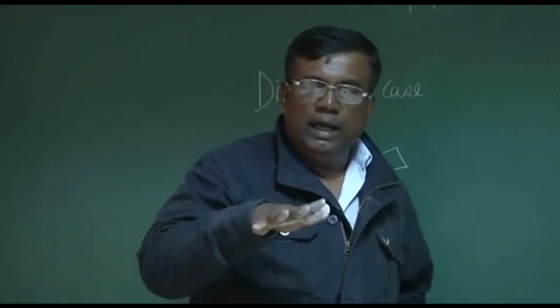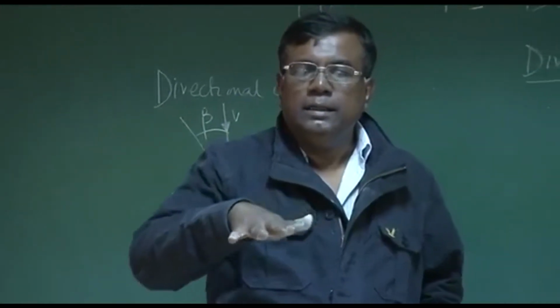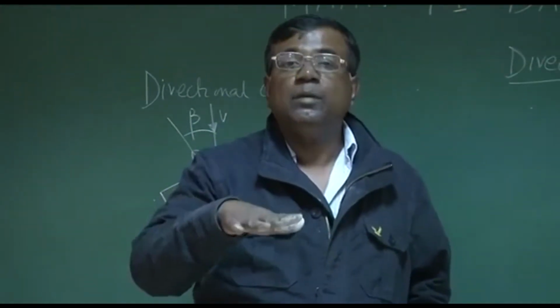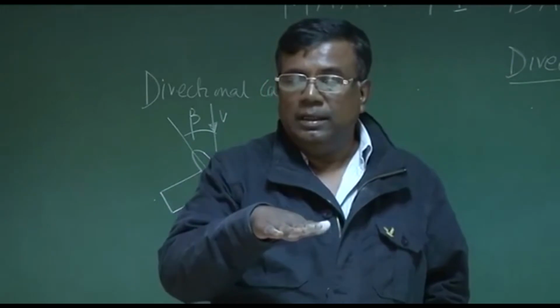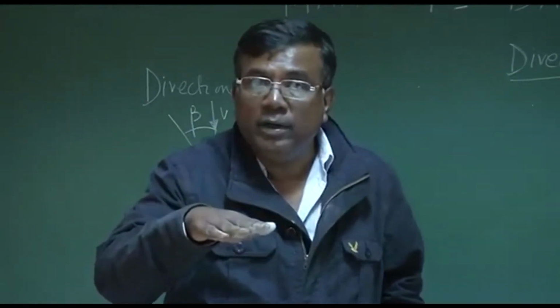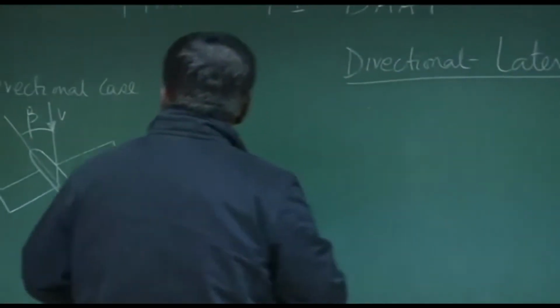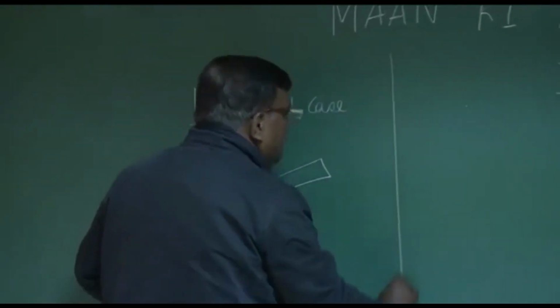If I watch my hand, if I am flying like this, then I say beta is 0. Beta means sideslip angle, that is, if the airplane's CG is moving sideways like this and also going forward, that is sideslip.